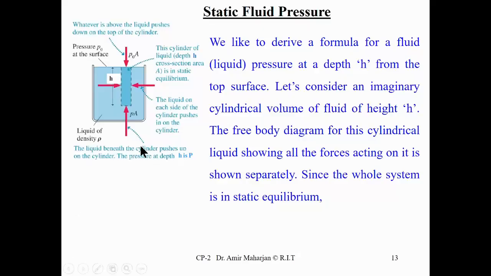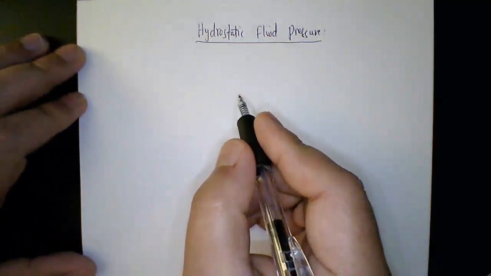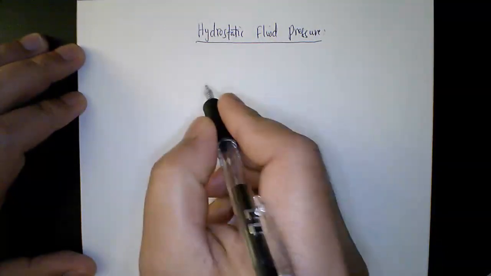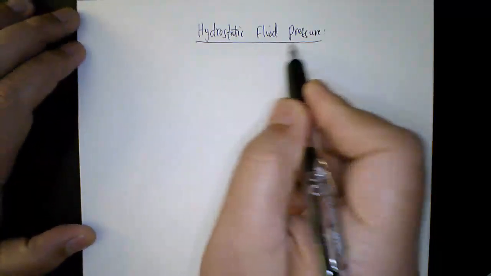So now the main part. We are interested in deriving the formula which shows how pressure changes with depth. Let me show you this derivation. In this video, I will be solving for the formula for hydrostatic fluid pressure.